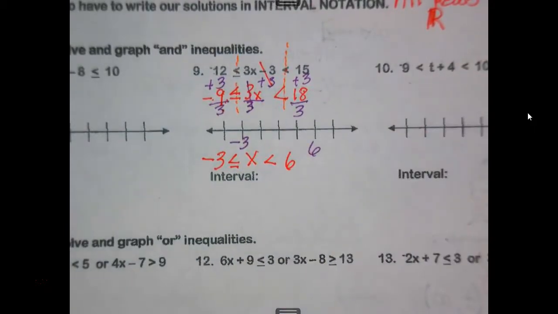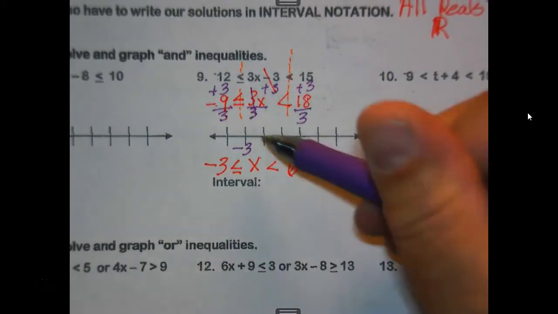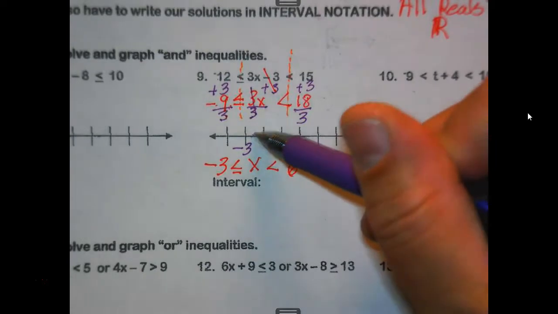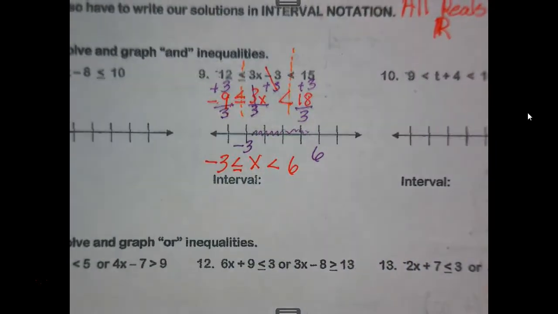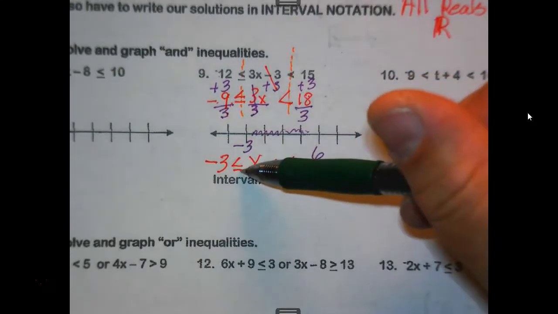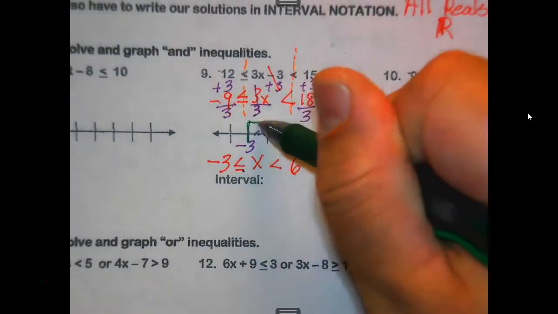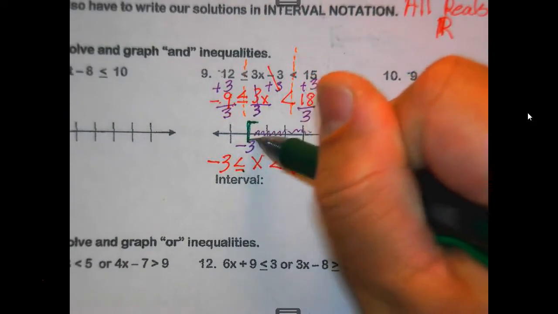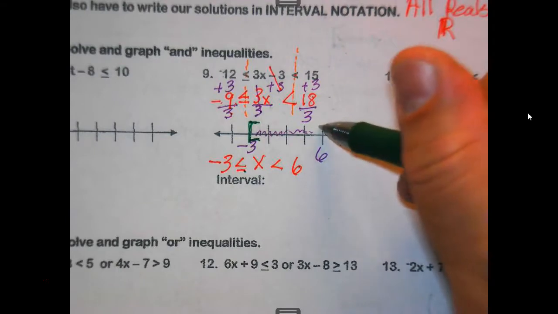Just pick any bars, I don't care. I know that it's an and problem, so it's going to be an in between. So in between those numbers are going to be shaded. See, negative 3 gets a bracket because of the equal sign. And the 6 gets a parenthesis.